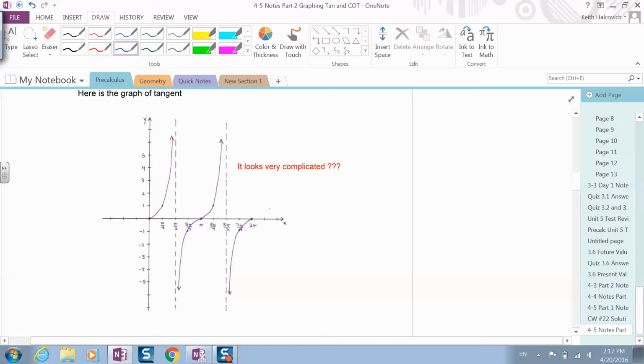And if I kept going, you basically would have another graph that looks like this. And if I kept going this way, at negative pi over 4 and then negative pi over 2, I would have a graph that looks like this. So notice it just looks kind of like a snake.